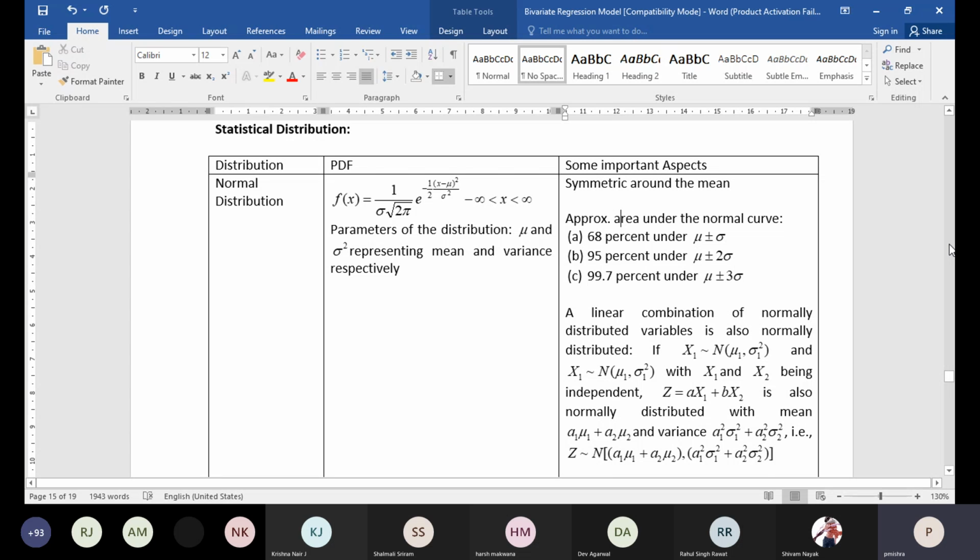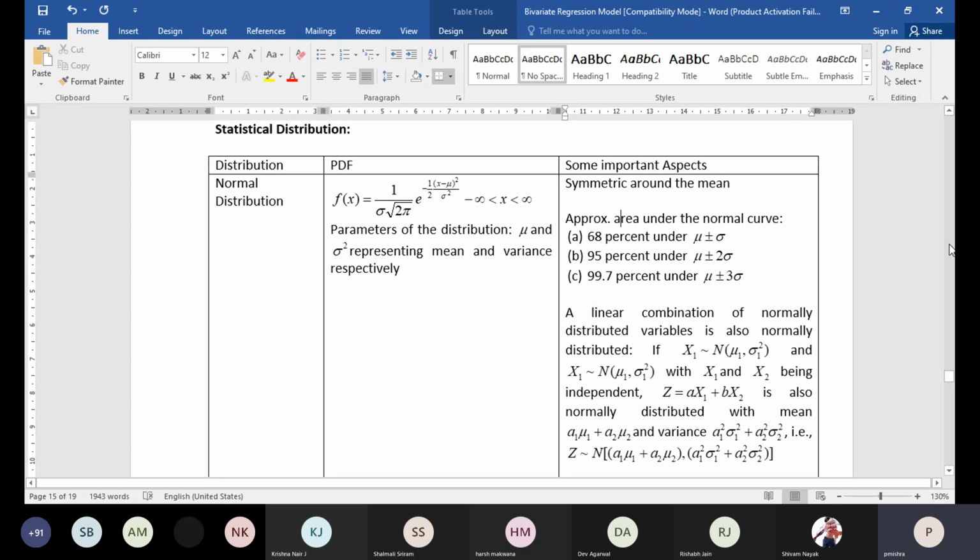So different areas of the normal curve are covered under these ranges. Like 68% of the area under the normal curve falls within mu plus minus sigma. Similarly, 95% falls under mu plus minus 2 sigma. Now, these would be very important subsequently when we discuss testing of hypothesis.